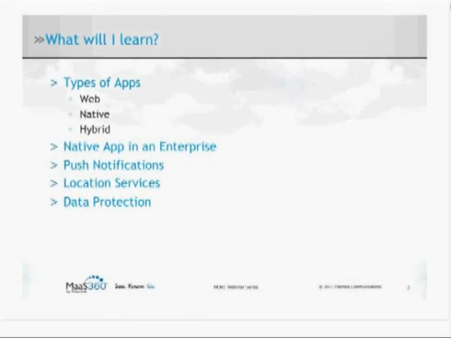We'll go into details of web app and native app development. We'll then look at the nuances of developing native apps in an enterprise, with a few best practices there, followed by a few interesting features of iOS, starting with push notifications, location services, and data protection. We'll look at some best practices there as well.